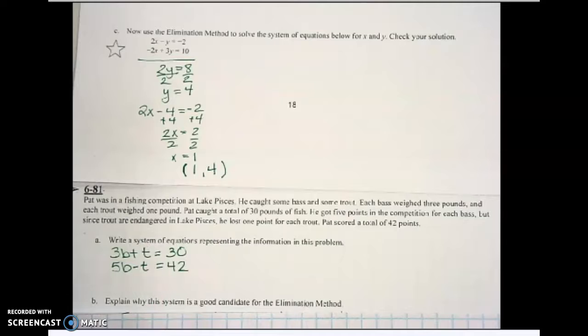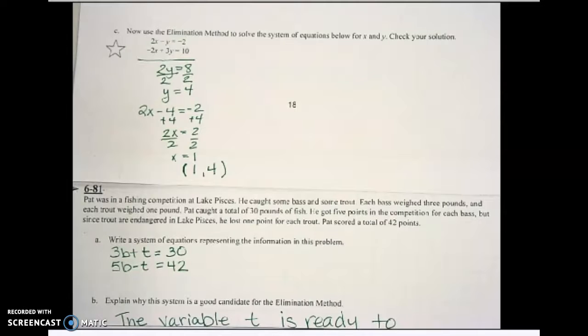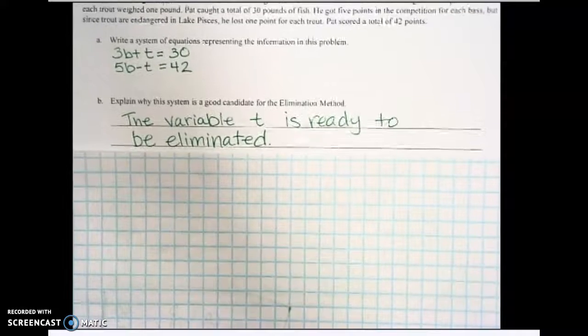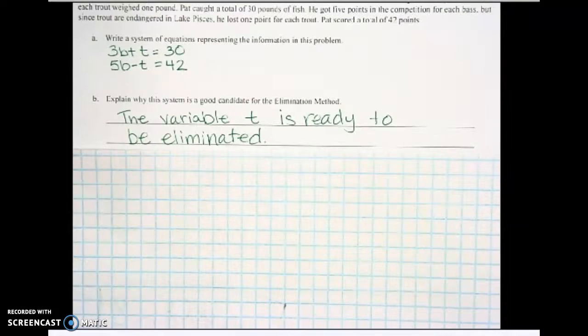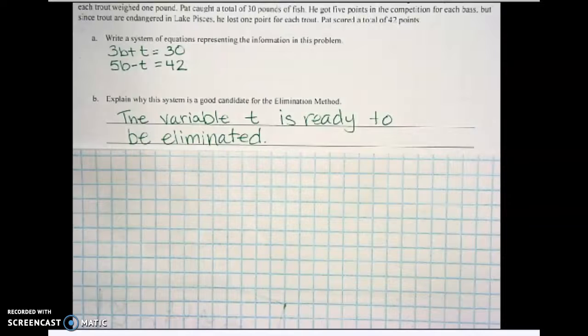So they're opposites, okay? This is called the elimination method. We want to get rid of something. So we're going to get rid of the T's, right? So the variable T is already ready to be eliminated. We don't have to multiply by anything.